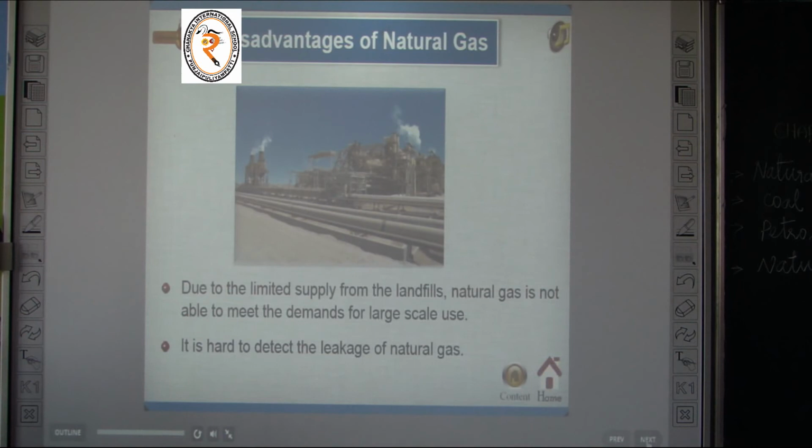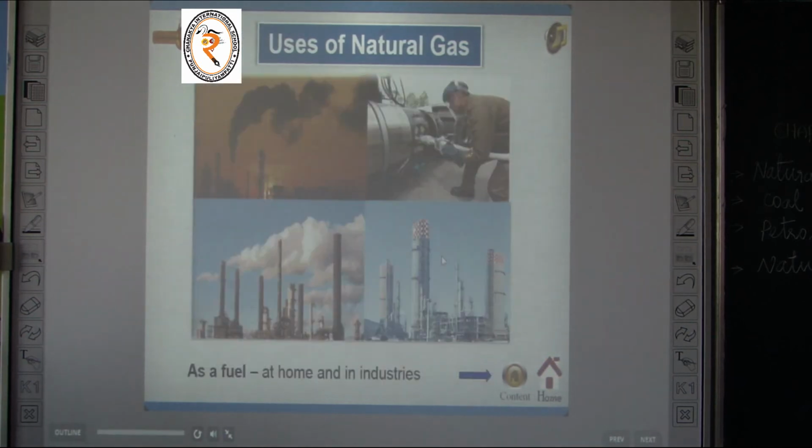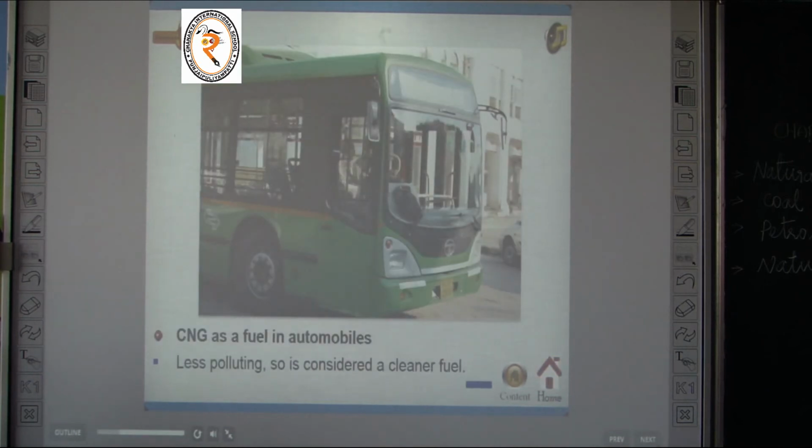And the next one. What are all the uses of natural gas? We can use this natural gas as a fuel at home and in industries. So it is used as a fuel to produce heat energy. And CNG means compressed natural gas. The abbreviation for CNG is compressed natural gas.